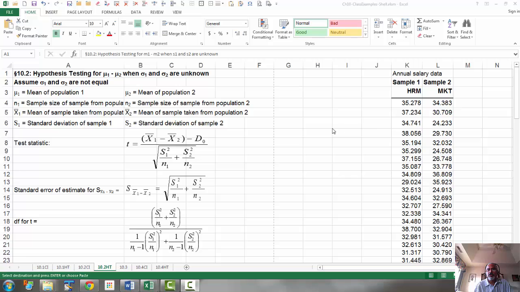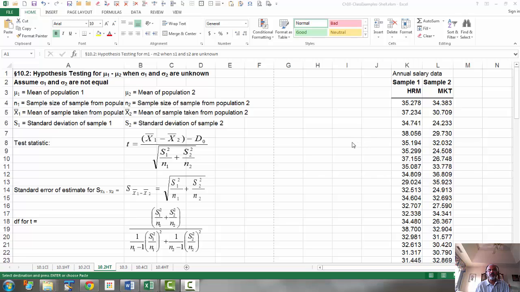In this example, we have a random sample of annual starting salaries in thousands for a number of human resource management majors and a number of marketing majors.